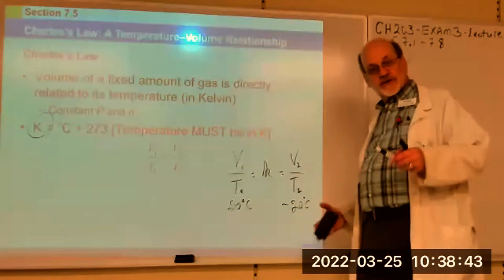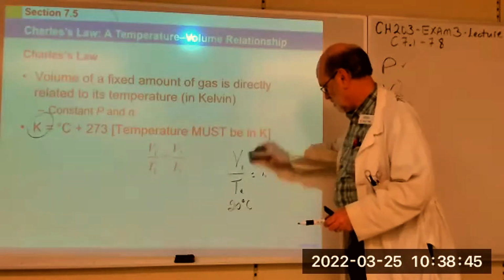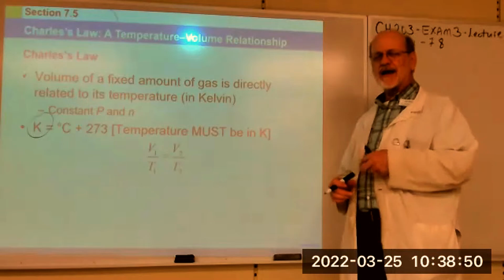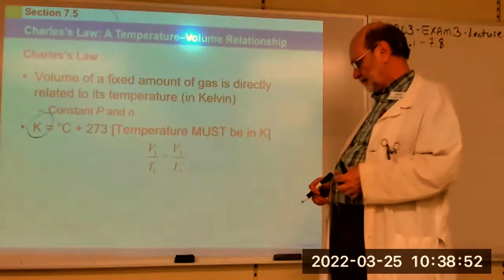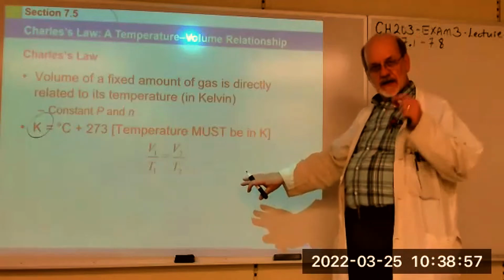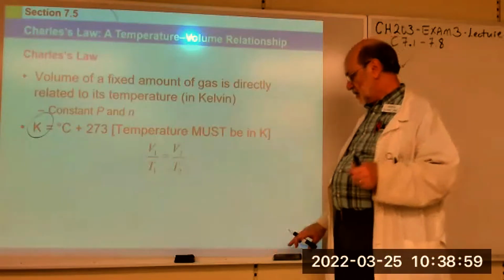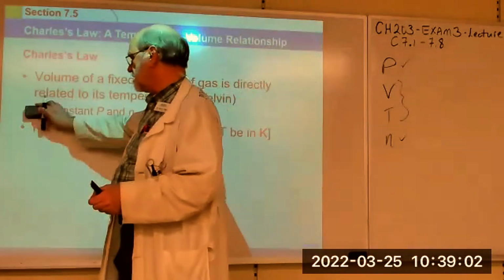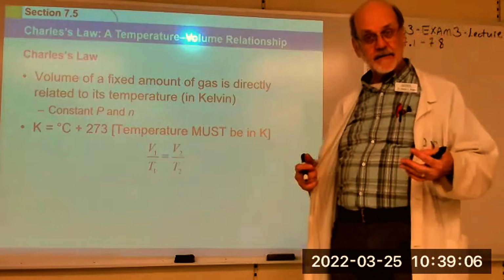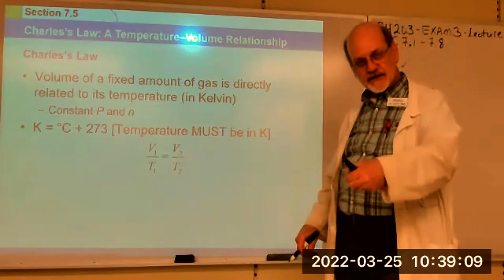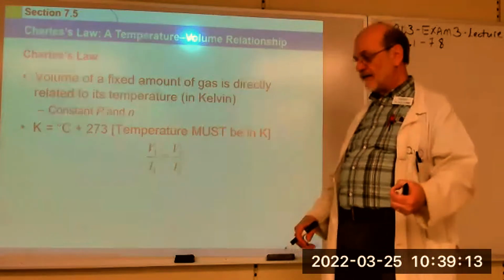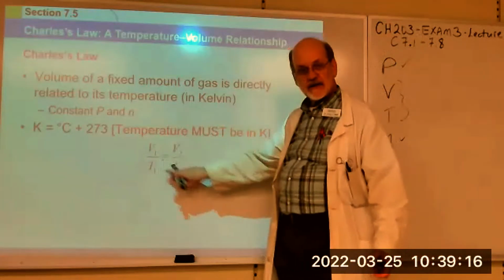So from now on, whenever you're working with temperatures, well, I can think of some exceptions, but let's say for gases, when you're working with temperature and gases, it always must be Kelvin. You have to convert Celsius to Kelvin. And if you have Fahrenheit, convert Fahrenheit to Celsius, right? We've done that before. Then convert Celsius to Kelvin. Then you can use the temperature in this equation.